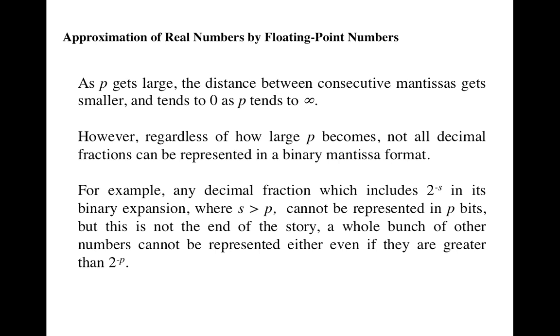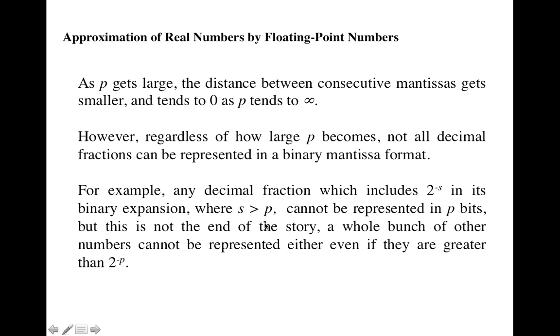That is to say, when we have a decimal fraction which would include, let's say, some number like 2 to the minus s in its binary expansion. Every number can be expanded into a binary form. When s is greater than p, then we cannot represent that decimal fraction in p binary bits, and therefore it's not representable.